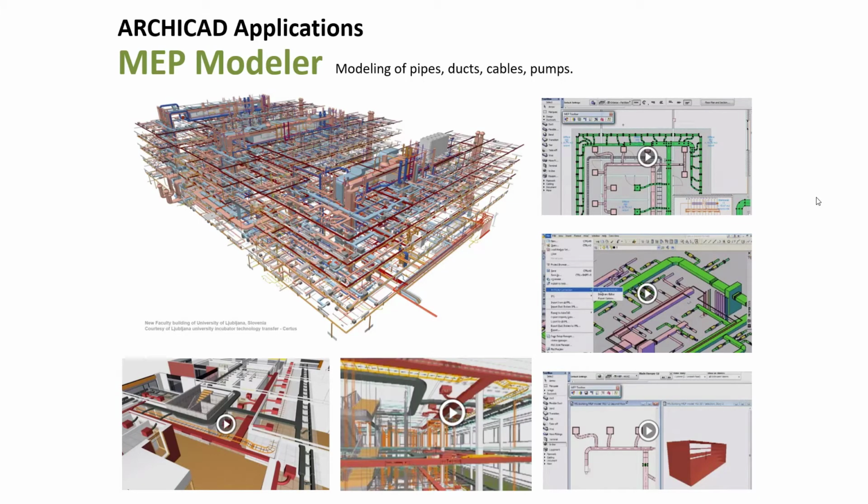And then there is MEP, Mechanical, Electrical, and Plumbing. As I was saying before, it is used for the modeling of pipes, ducts, cables, and pumps. It is a plugin for Archicad, and you can install it during the Archicad installation process.